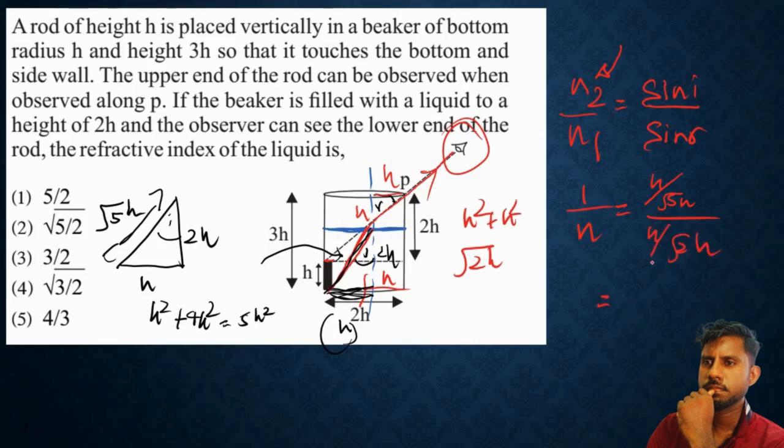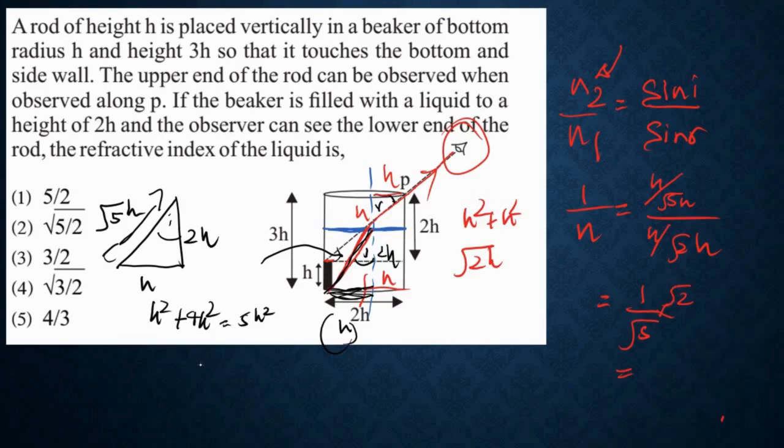With the simplification, h cancels off, so we get 1 over root 5, root 2 goes up. Now we get root 2 over root 5. Then 1 over n equals root 2 over root 5. They are asking us the refractive index of the liquid. So n equals root 5 over root 2.